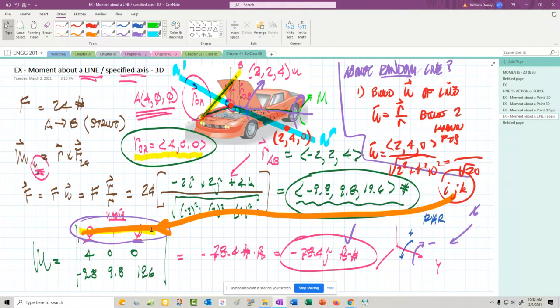Now, I'm only saying random because it's not on our drawing, and I'm not sure why I'd want to know that, because the hood only rotates about the y-axis here. But if I was curious about, well, what about this line of action or somewhere else, then I could find it by adjusting i, j, and k and building that unit vector.